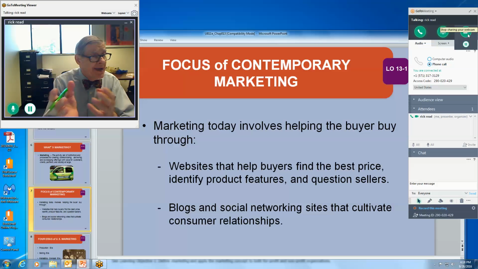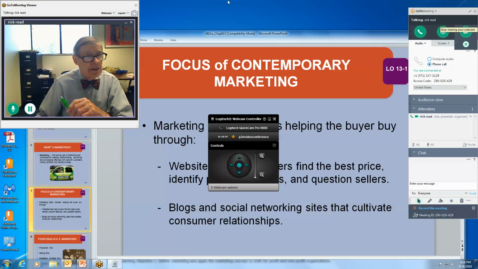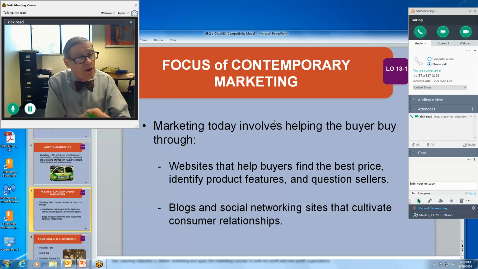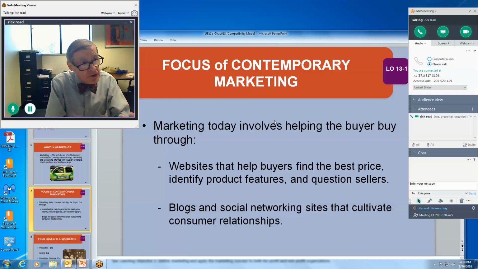Much different today than years ago, where we had to walk from store to store or look at a newspaper or a magazine that gave us information about price comparison. So we have a lot of information at our fingertips to do a lot of comparison shopping without ever leaving the comfort of our home or office, if your office is comfortable.